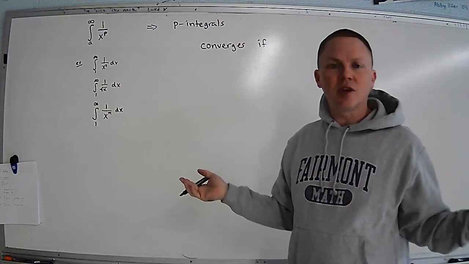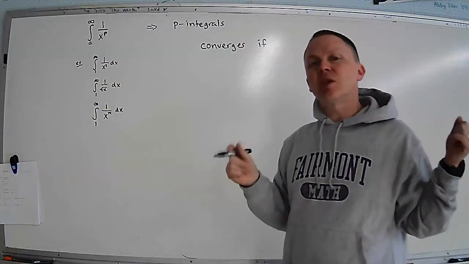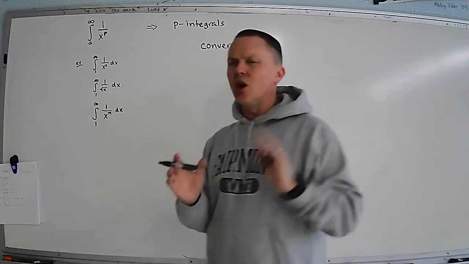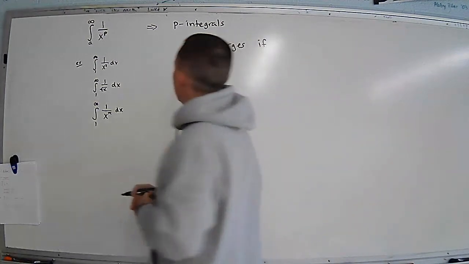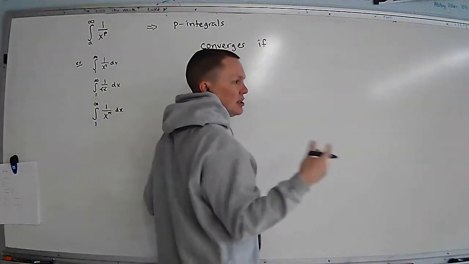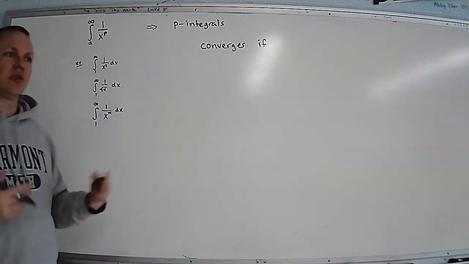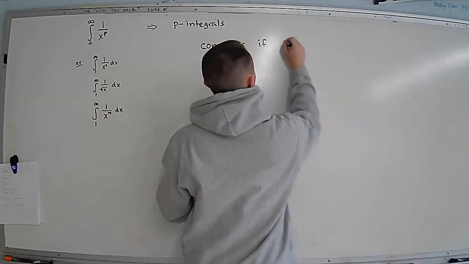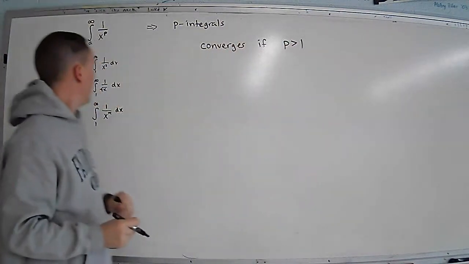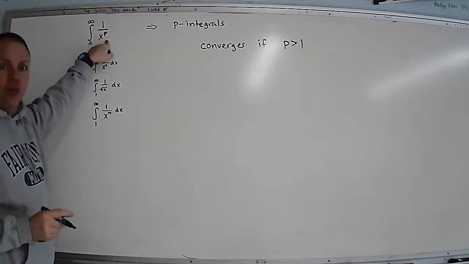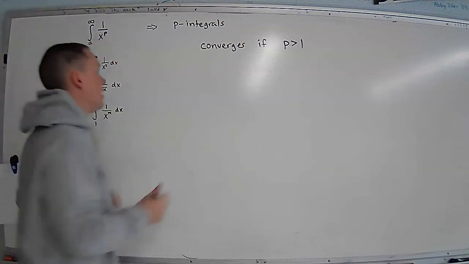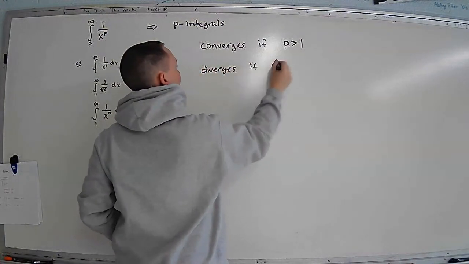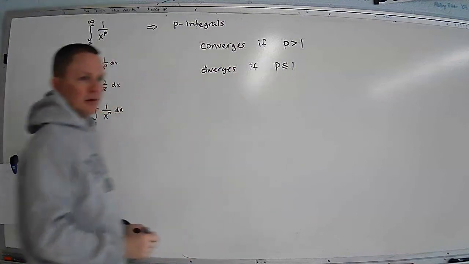I'll bet some of you know the answer to this because you've seen the examples that we've done and you've done your homework. These converge if p is greater than 1. So any power of x that's bigger than 1 converges. And they diverge if p is less than or equal to 1.